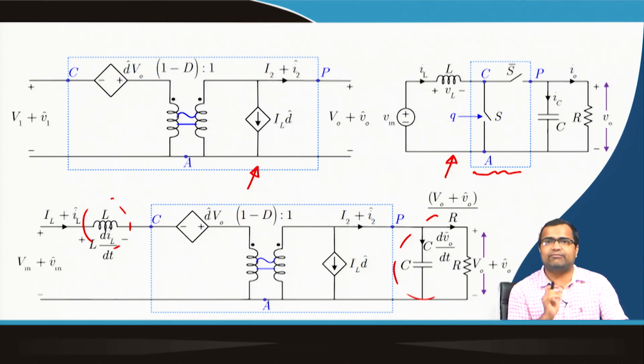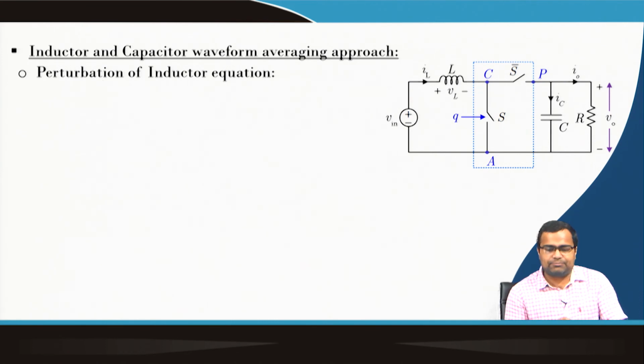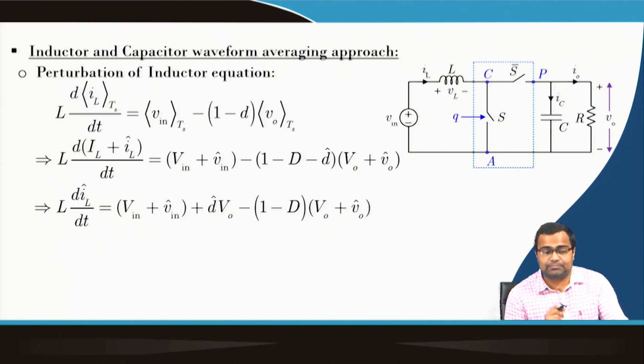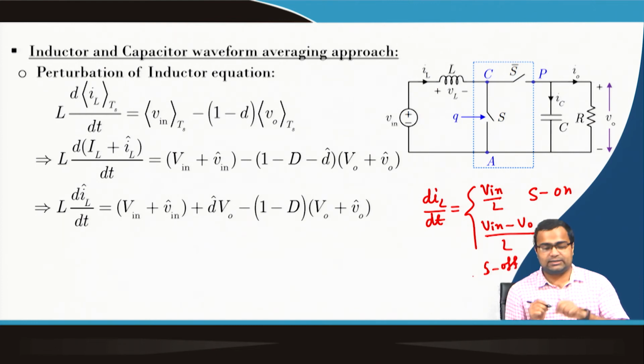That means, without using the average switch model. How to do that? We take a boost converter and take the average inductor current. So, what is the inductor current of a boost converter? L dI_L/dt, the instantaneous inductor current, is equal to V_in when S is on, and it is equal to V_in minus V_0 when S is off.